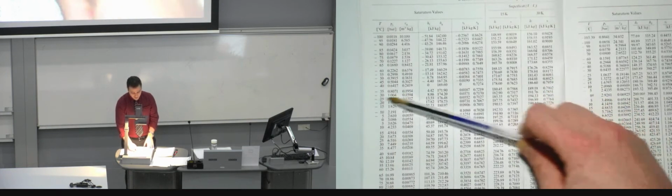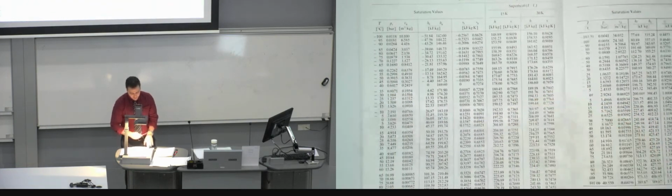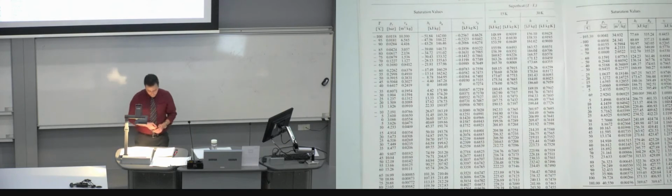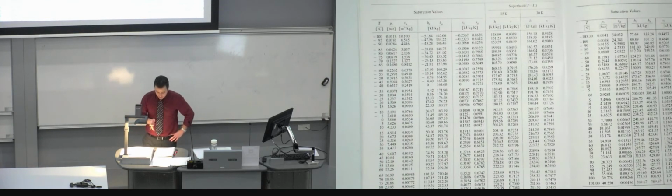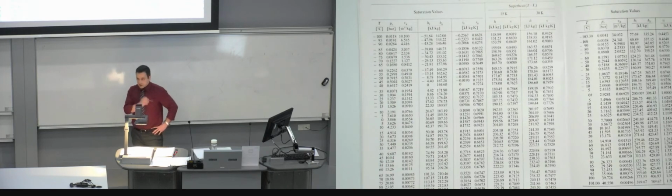And it's very easy to read off the corresponding temperature from there, which is minus 30. As a side note, the fact that at that pressure R12 would evaporate at minus 30 Celsius actually shows you something very desirable when it comes to refrigeration.